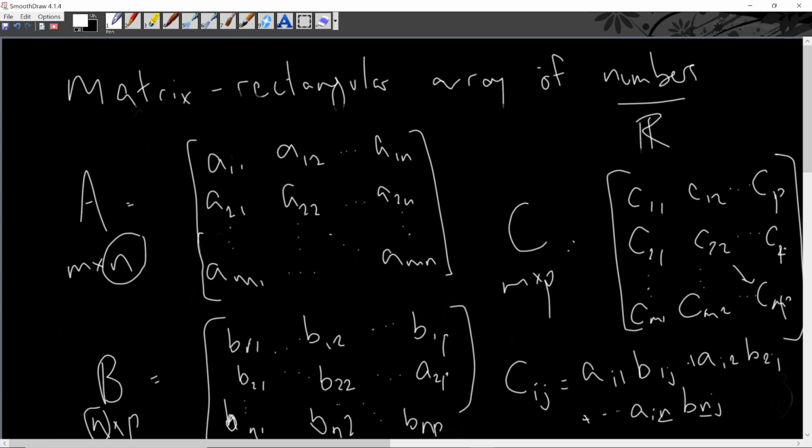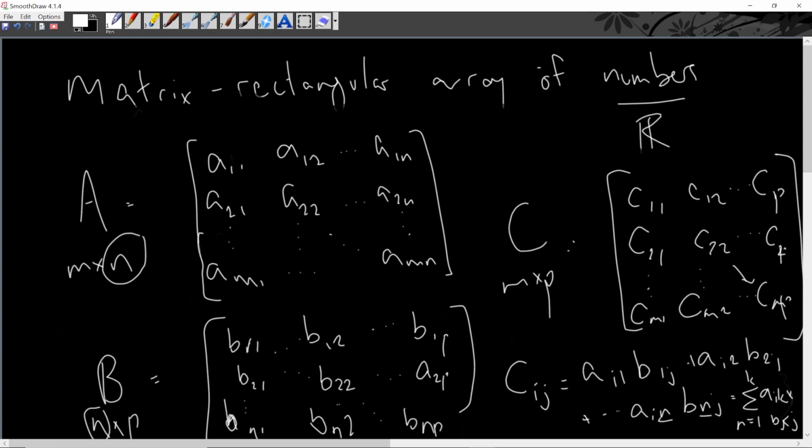And then this is just going to be the sum from k equals 1 to n of every element Aik times Bkj. Alright, so let's try and write this out correctly.